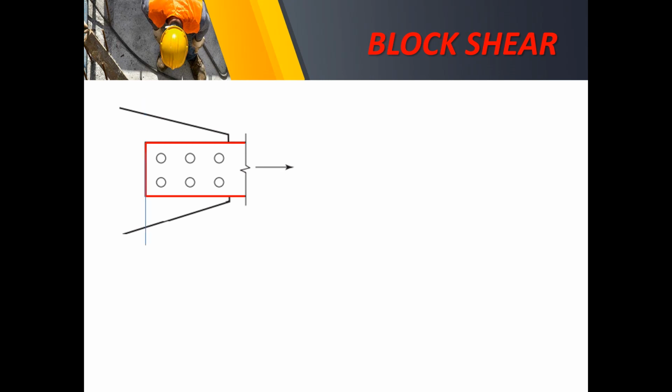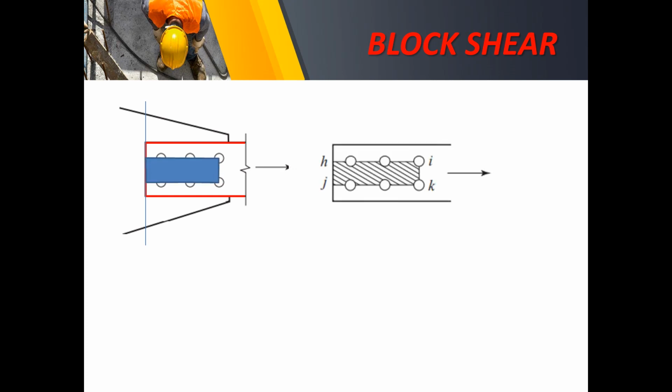The edge of the tensile member is the start of our block shear, meaning that is the starting point of the tearing, like on the gusset plate a while ago. So this is the area, the block shear, and the shaded portion here will be the block shear H, I, J, K on the member.